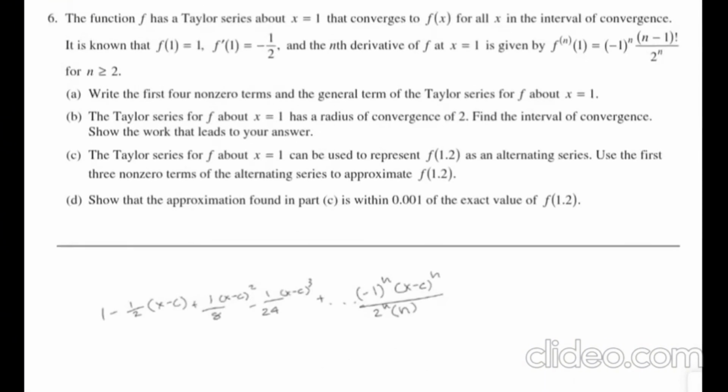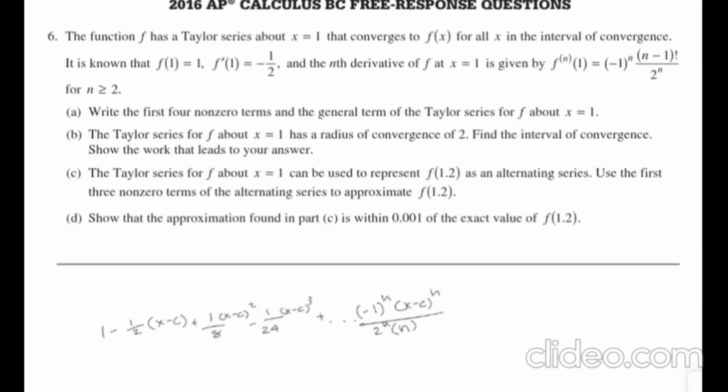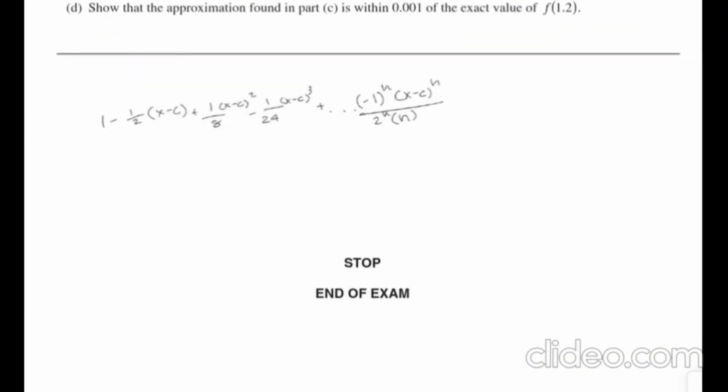Okay, so for part D of this problem, it's just asking us to show that the approximation found in part C is within 0.001 of the exact value of f of 1.2. So pretty much what it's asking is, the error is the absolute value of f of 1.2 minus our approximation, which was, I believe, 3 terms. So it would be like that, which is also f of 1.2 minus 0.905.